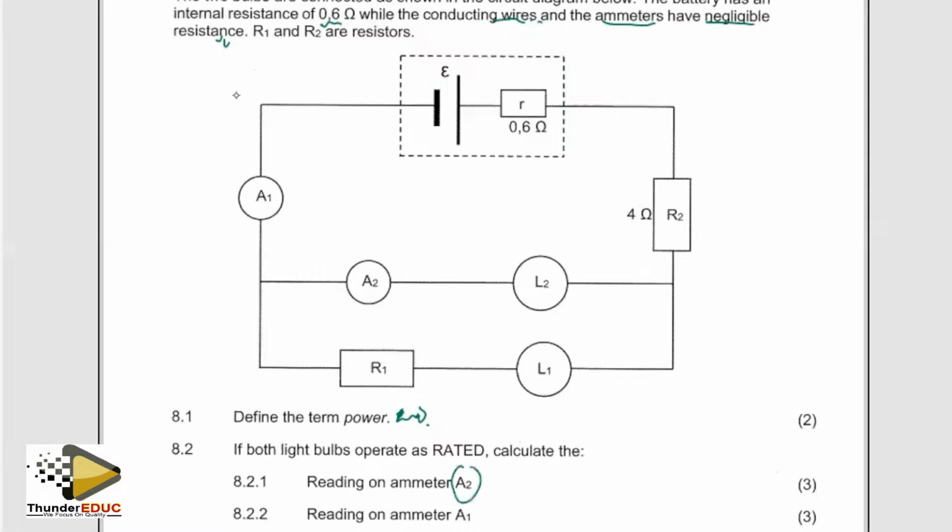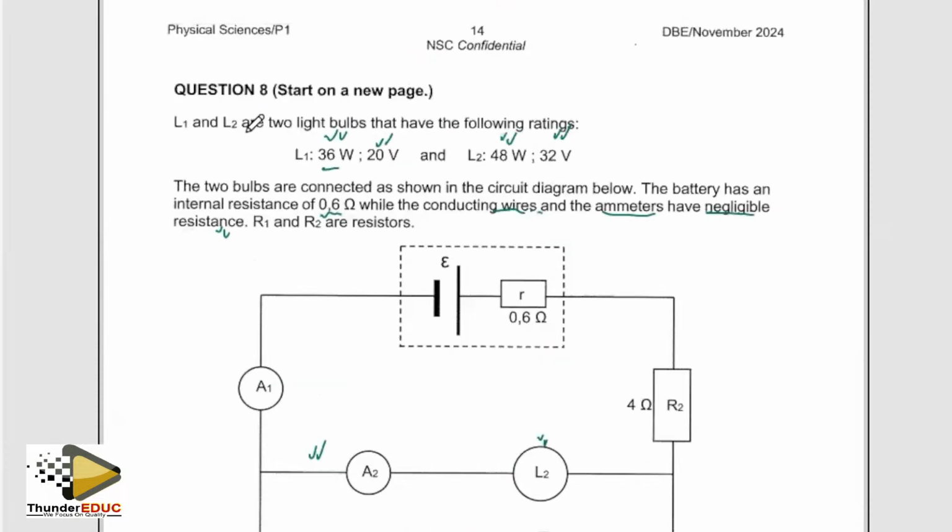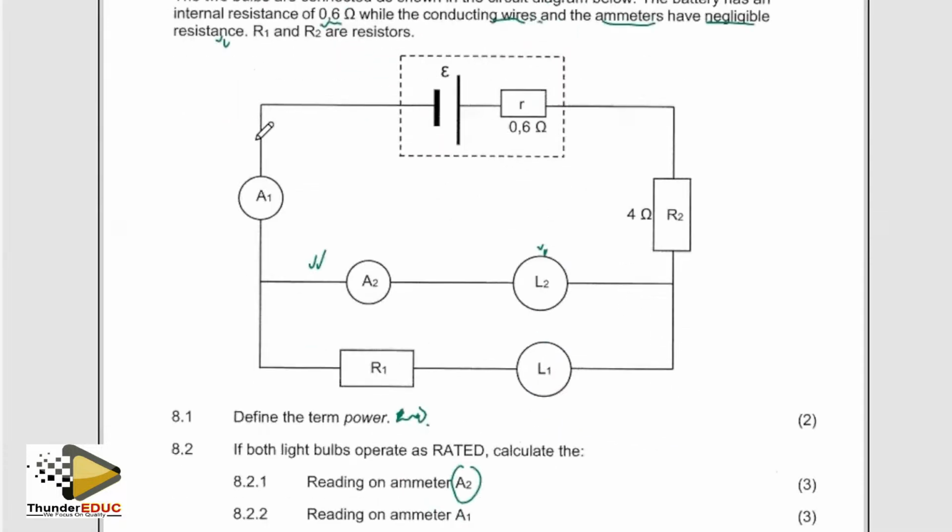Where is A2? A2 is here. Now, we know that this bulb is in parallel with this other section. Before we even start answering that 8.2.1, we need to know that bulbs, since they have ratings of how much power and how much voltage must go through them, it simply means they are also resistors, okay?